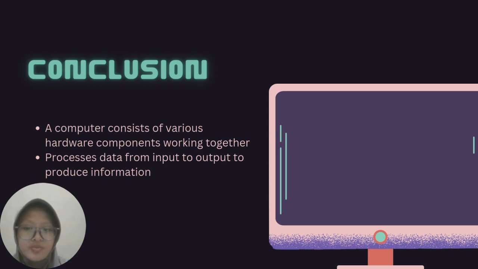Each part contributes to the process of turning raw input into useful information. Understanding how these components function helps us appreciate how powerful and essential computers have become in our daily life.